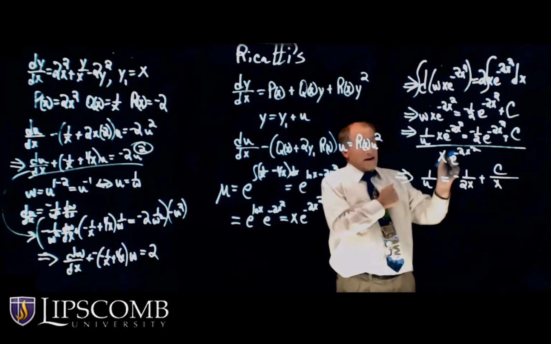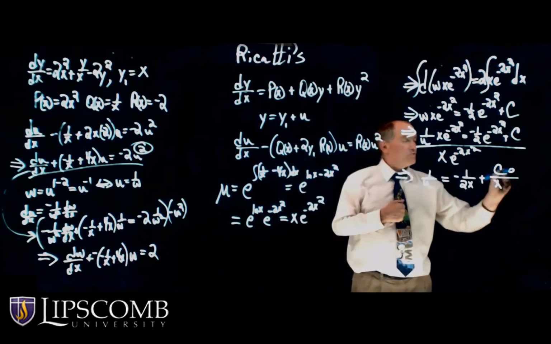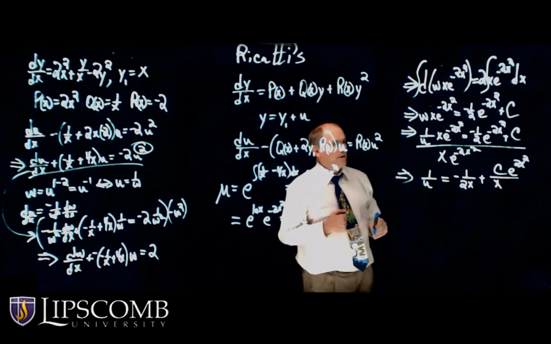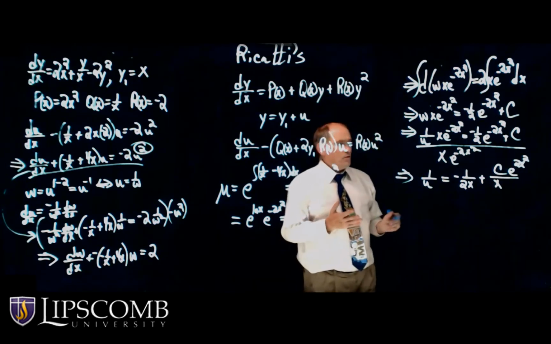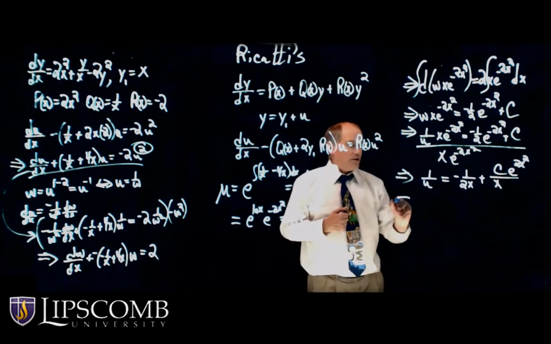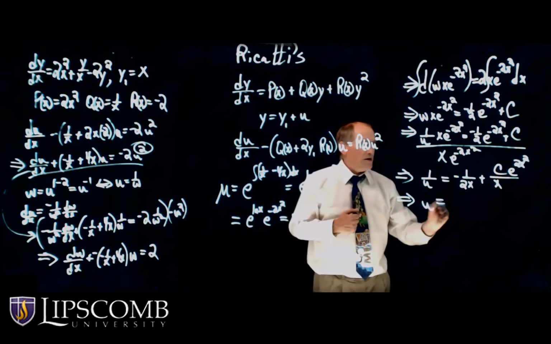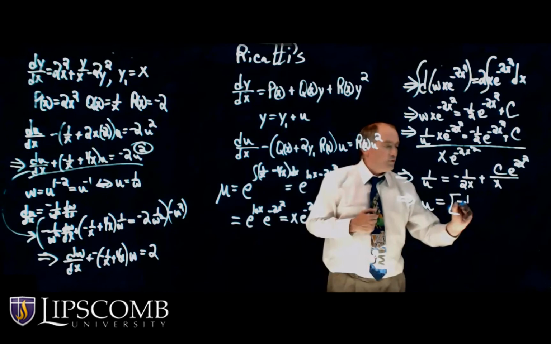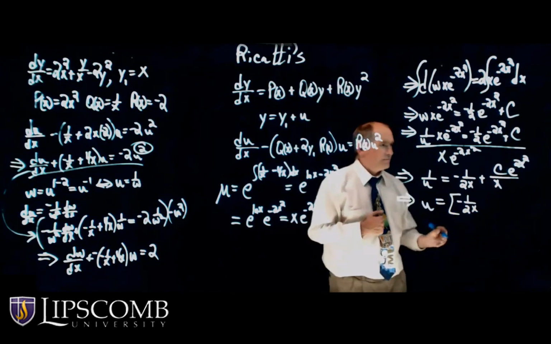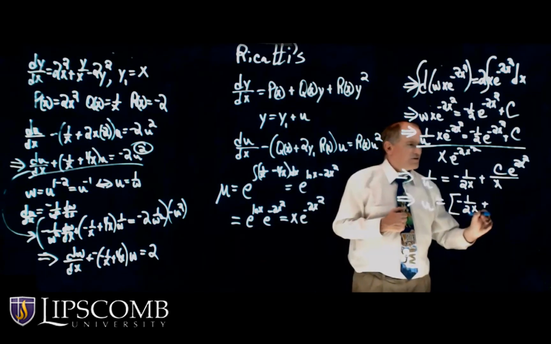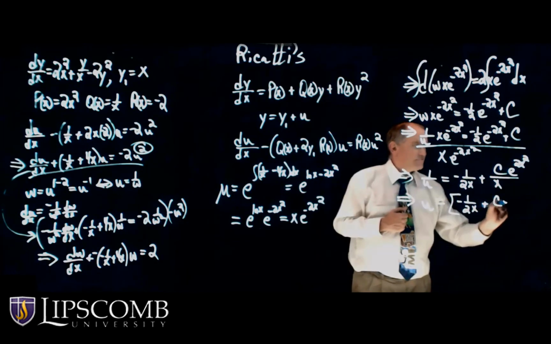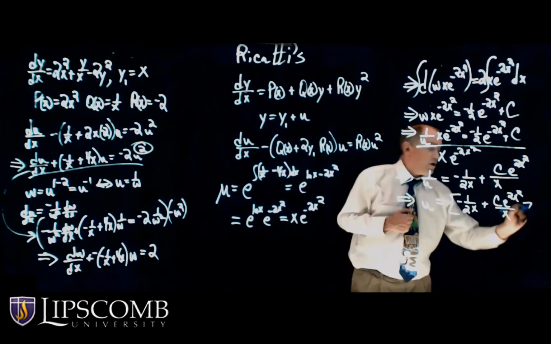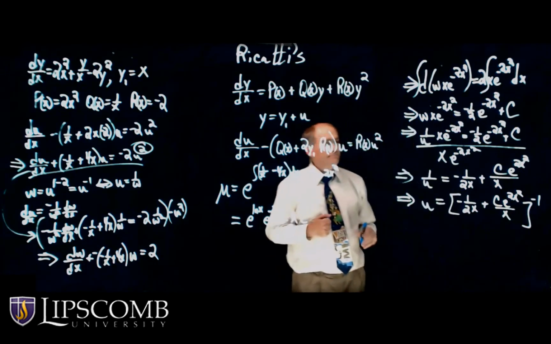It being over a negative exponent brings that 2 to the top, e to the 2x squared. So what do I have here? So basically u equals, and I'm going to put it in brackets, minus 1 over 2x plus c times e to the 2x squared over x, all raised to the negative 1.